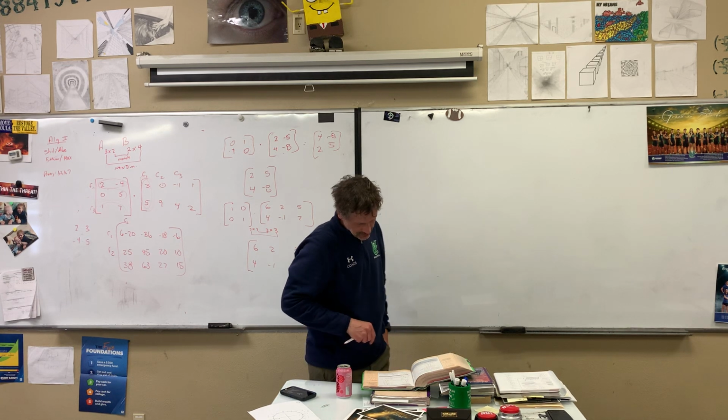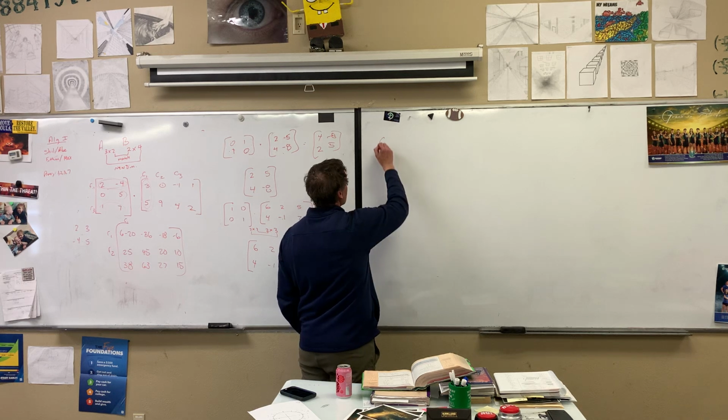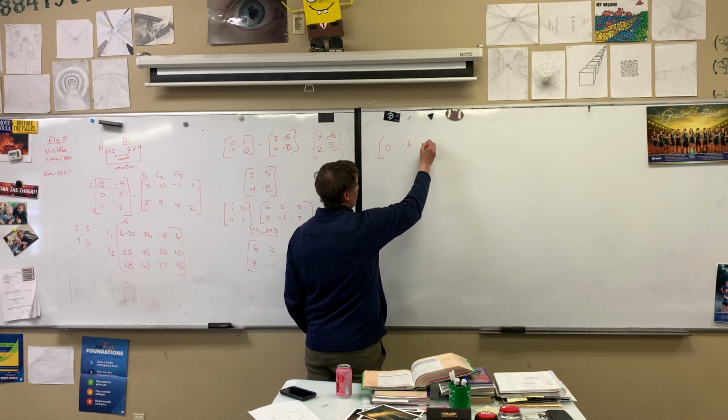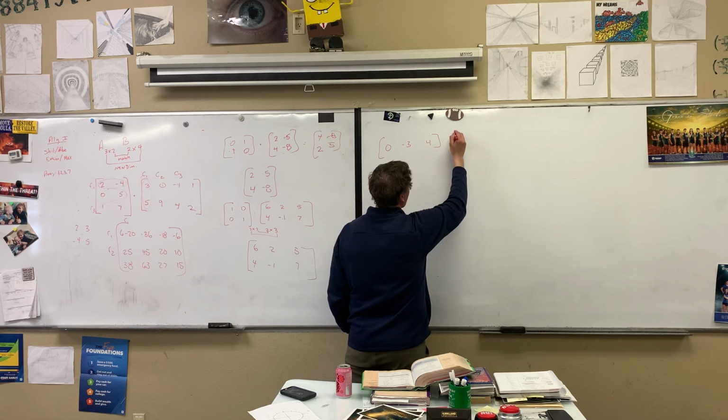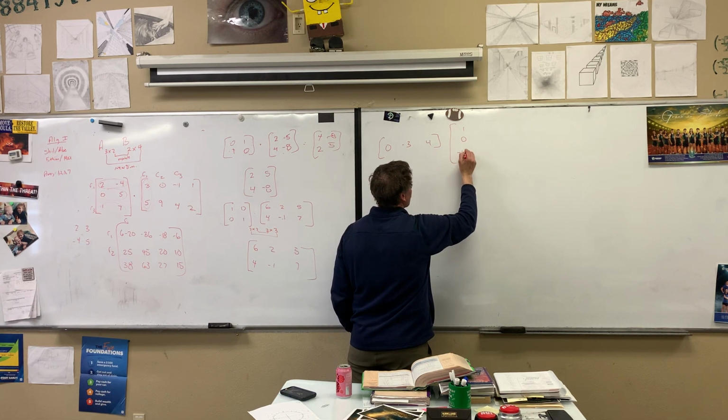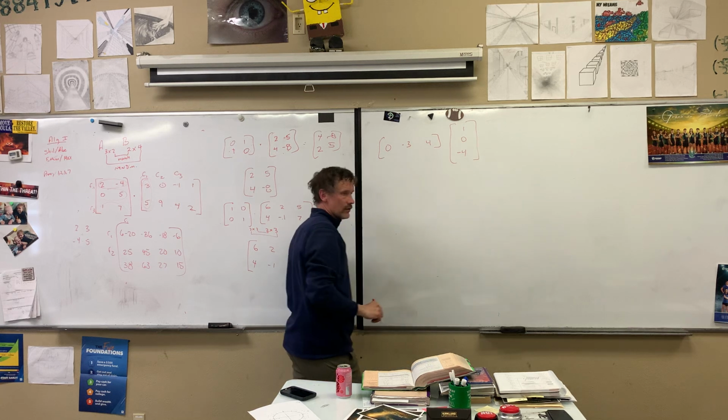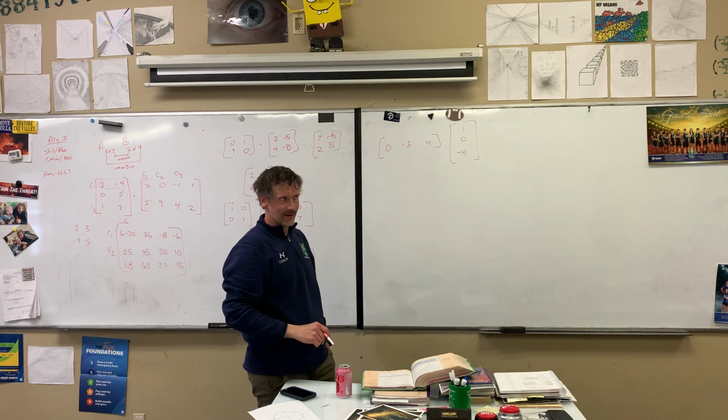Now, some of the challenges come when you have, sometimes these are a little challenging when you have like 0, -3, 4, and 1, 0, -4. This one looks a little challenging because it's a 1 by 3 and then a 3 by 1, so does it work?